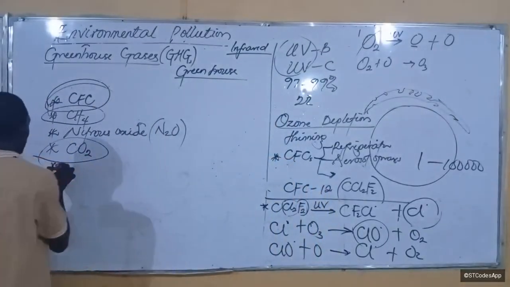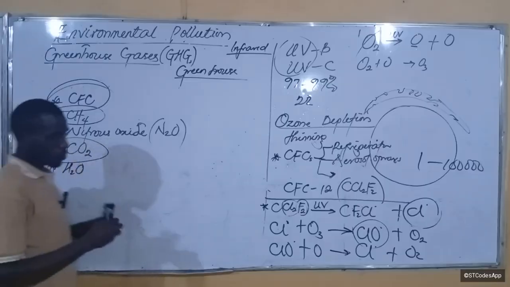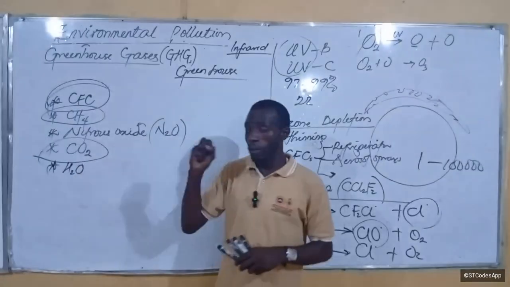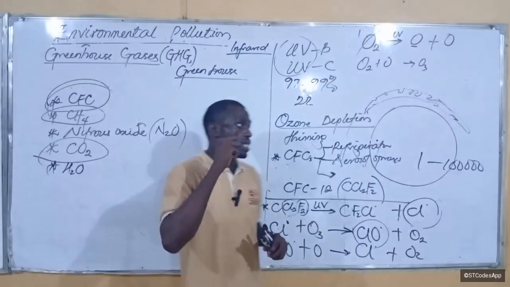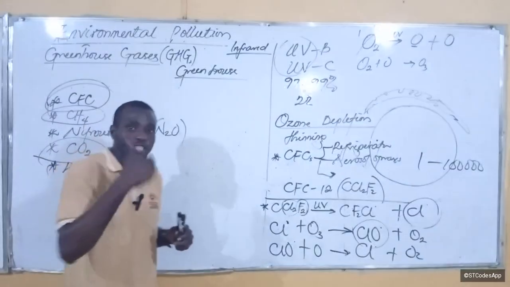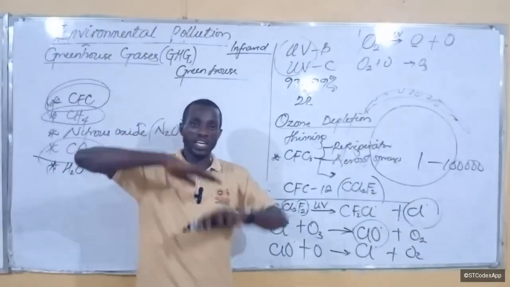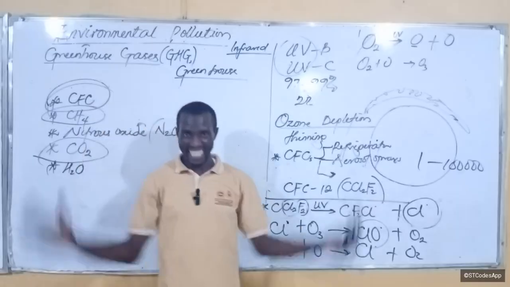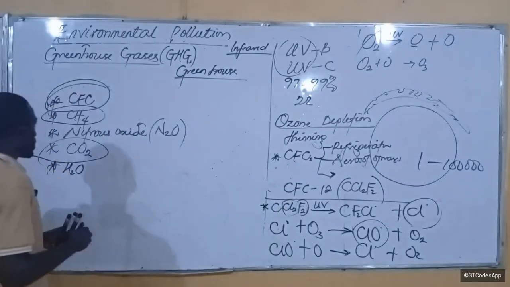Water vapor is also a greenhouse gas. So all these gases absorb the infrared radiation as heat, and when they absorb it, those gases don't escape the Earth's atmosphere. Do you understand? Because they don't escape the Earth's atmosphere, that condition looks like a greenhouse condition. So we call it greenhouse effect.